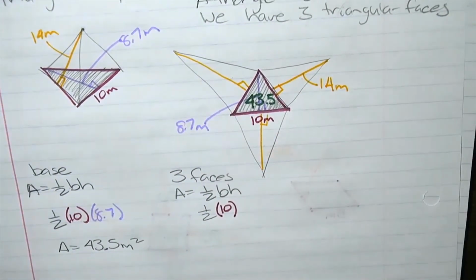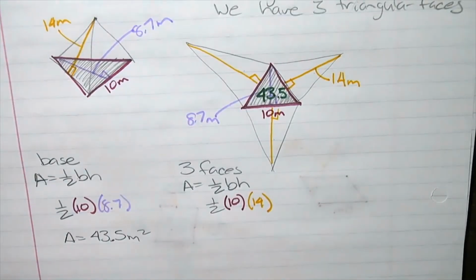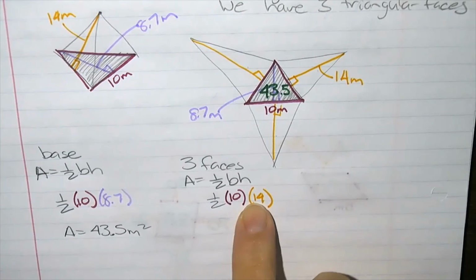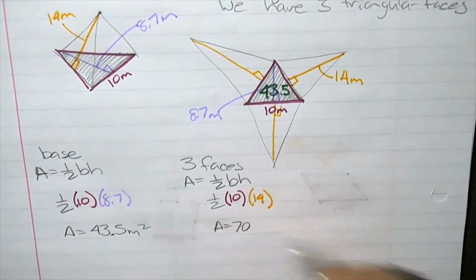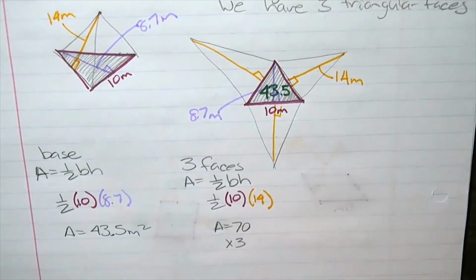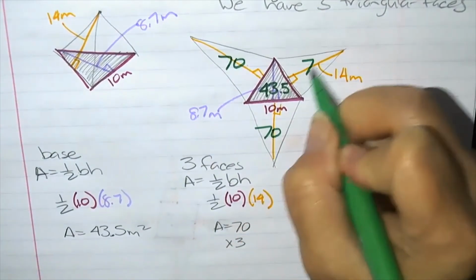My height is 14 meters. So 10 times 14 is 140, and half of that is 70. The area is equal to 70. But I have 3 of those. 70, 70, and 70.